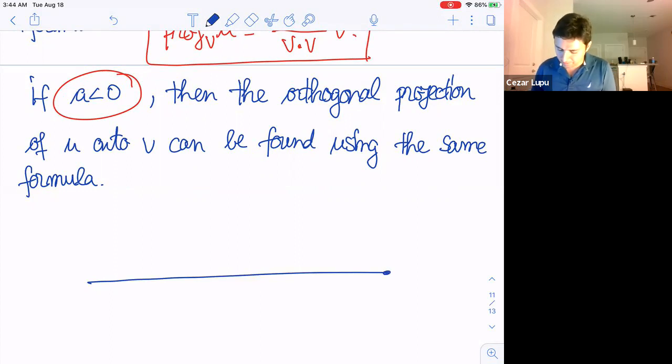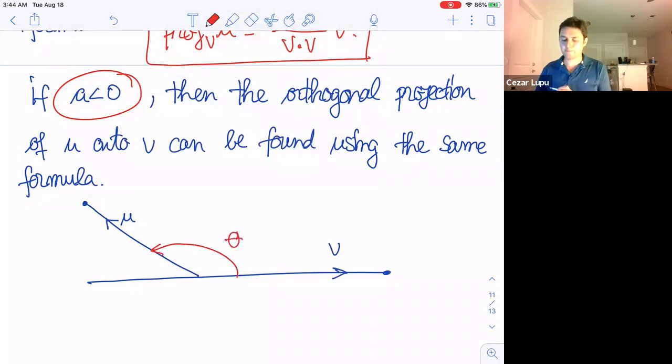This is my vector u. This is my vector v here. Okay, and now the angle theta will be this guy here between them, right?